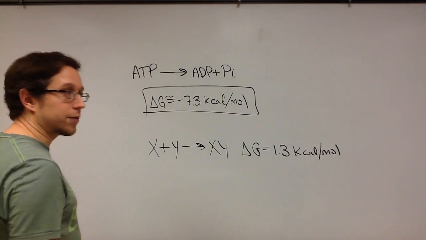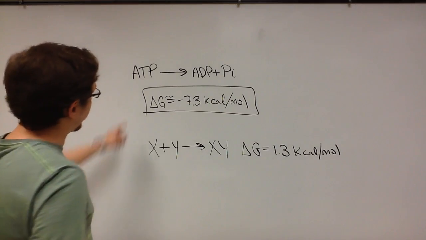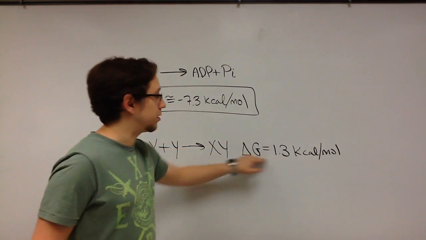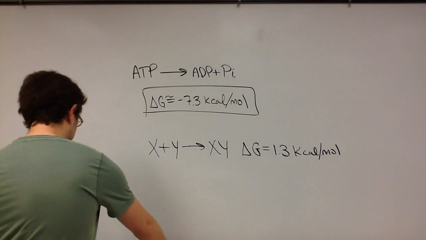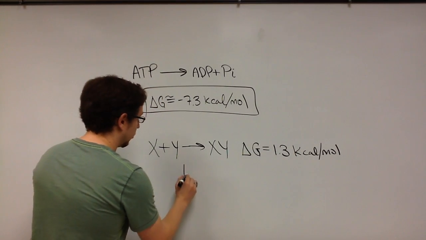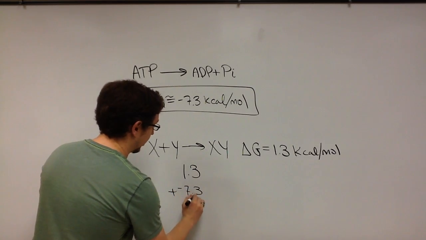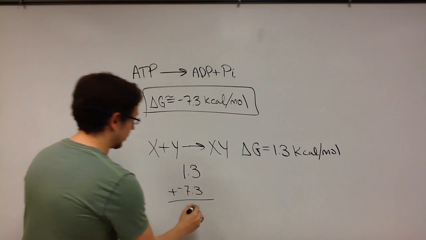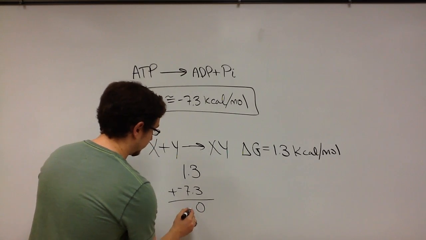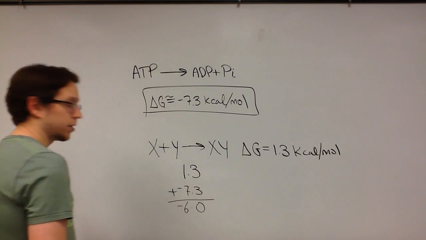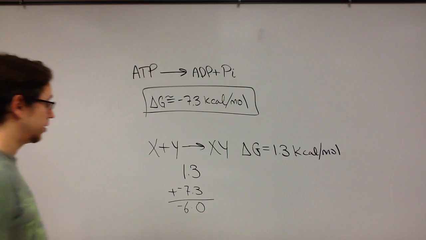And all you have to do to figure that out is figure out how many molecules of ATP you need to make this number become negative. So in this first example, we have 1.3, and then we're adding a negative 7.3, which is going to give us a negative 6.0.